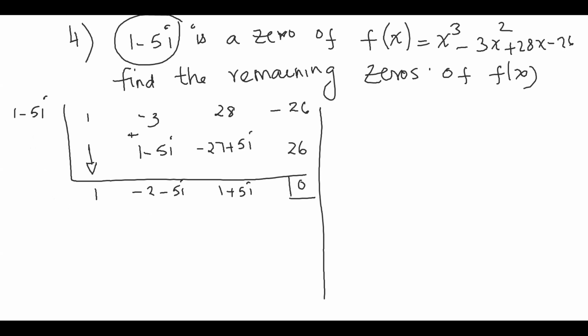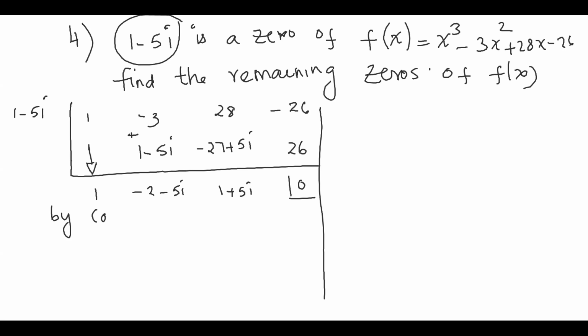So by the conjugate zeros theorem, 1 plus 5i is also a 0.